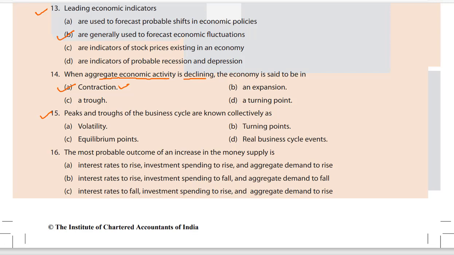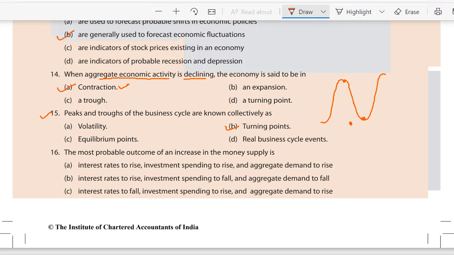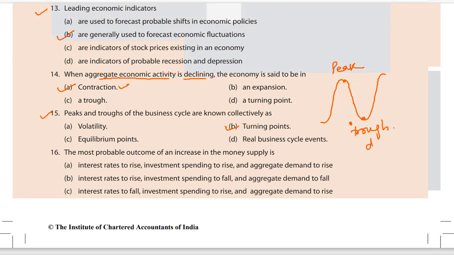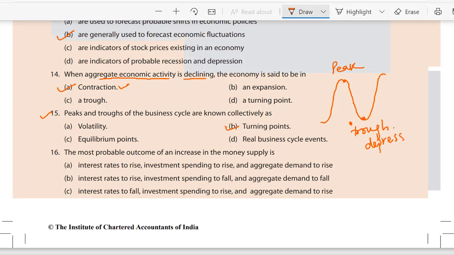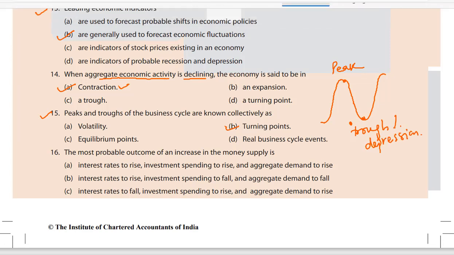Peak is at the top and trough is the lowest point. So turning points. Understood? This point is known as peak and this is trough or depression. Okay?